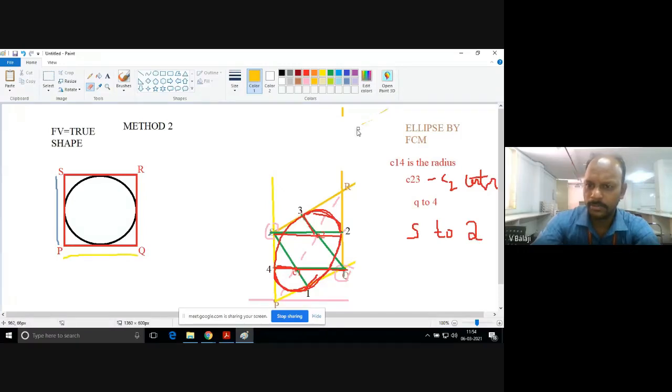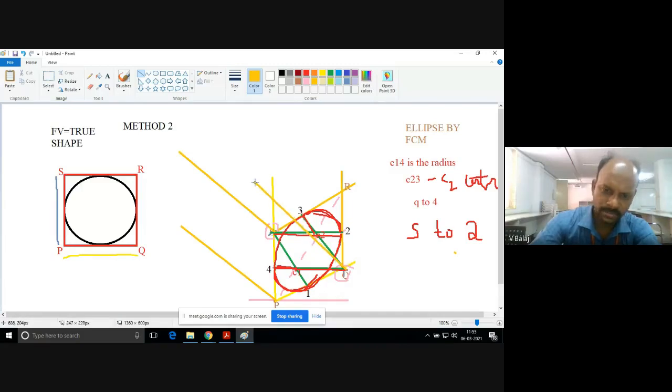Now draw 30 degree lines of 60 mm length. Okay, like this. Suppose this is a 60 mm long line. From Q, from R, from everywhere you need to draw the 60 mm long lines. From Q also it is 60 mm, and from R also it is 60 mm.